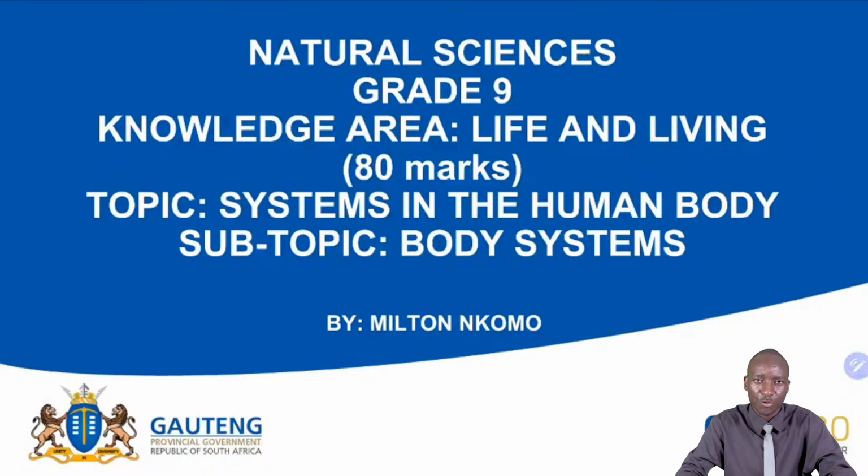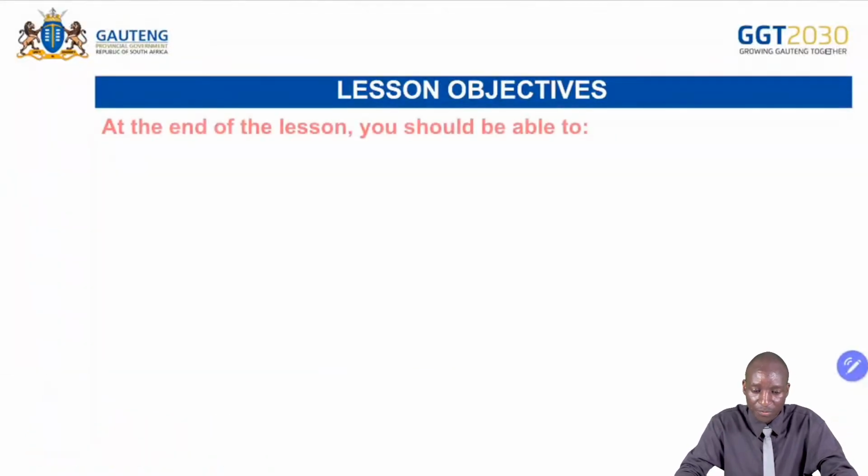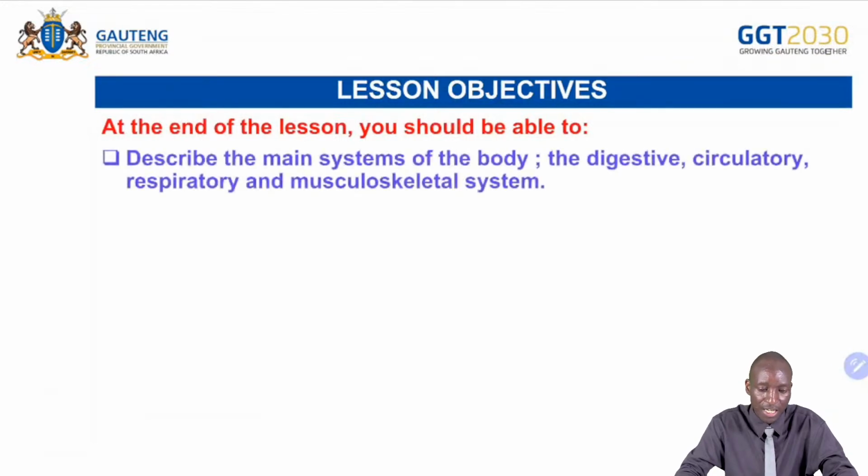Let's quickly go through our objectives of the day. By the end of the lesson, we're supposed to be able to describe the main systems of the body. And these include the digestive system, the circulatory system, the respiratory system, the musculoskeletal system, as well as the reproductive system and excretory system.